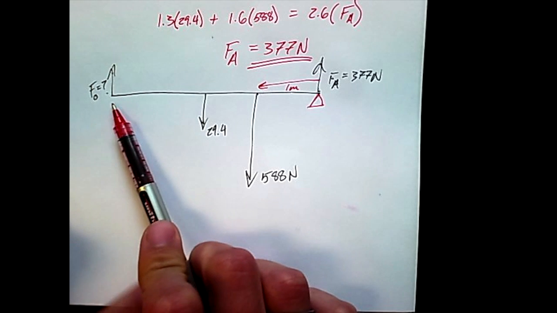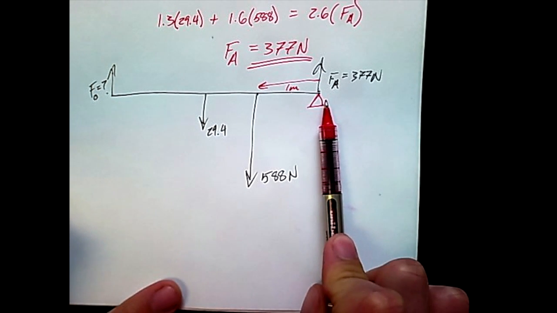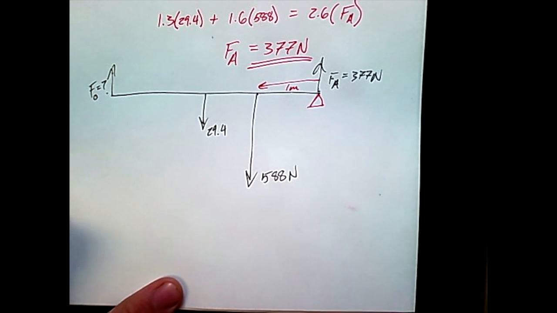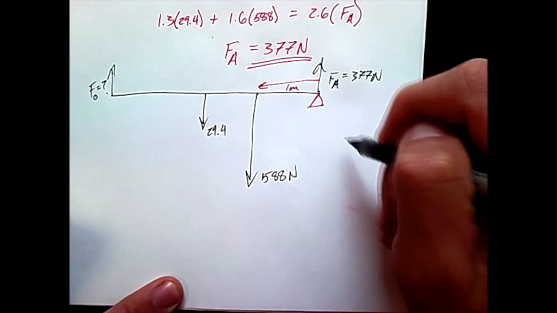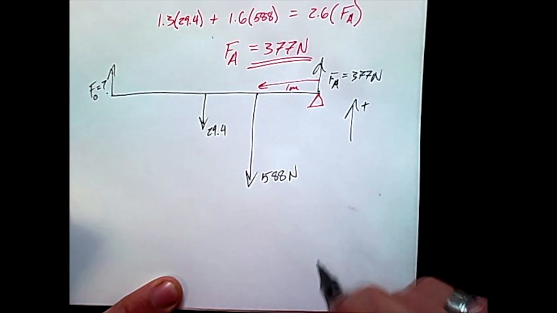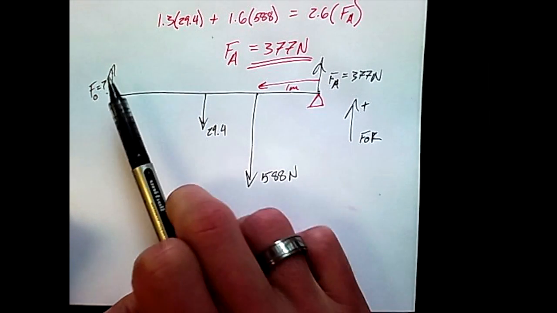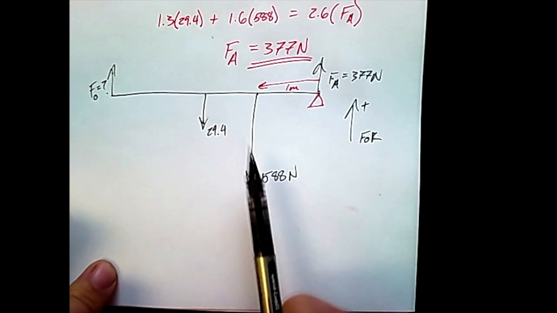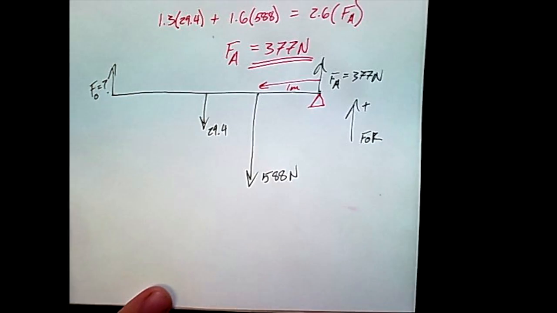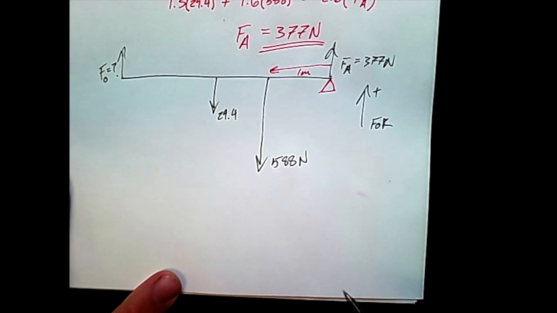This system is not only balanced rotationally, but it's also balanced vertically. So if we think about the fact that up is positive as a frame of reference now, instead of worrying about the rotation, then the forces that act up are balancing the forces that act down, and the system is not accelerating. It's not moving up or down.